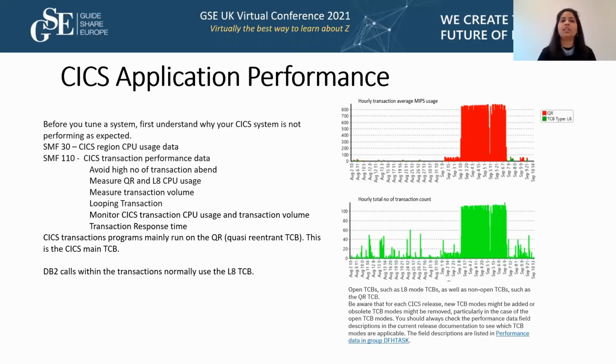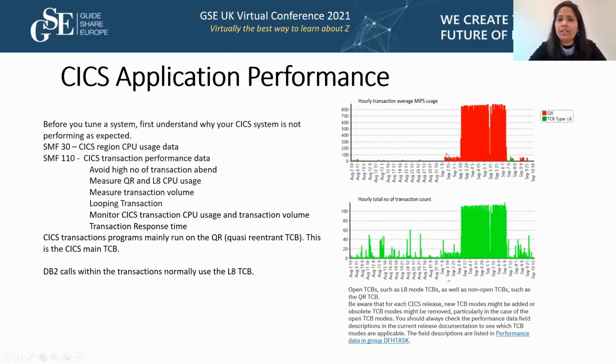It will provide you the CICS transaction data, and you can identify the high event counts, the QR and L8 CPU of your transaction, transaction volume and looping transactions, and you can monitor your CICS transaction CPU usage pattern, transaction volume and transaction response time.